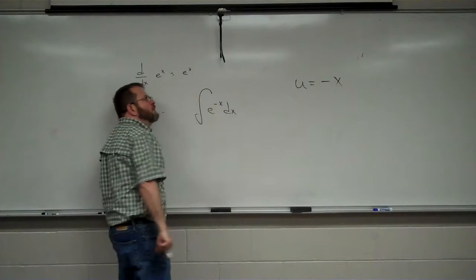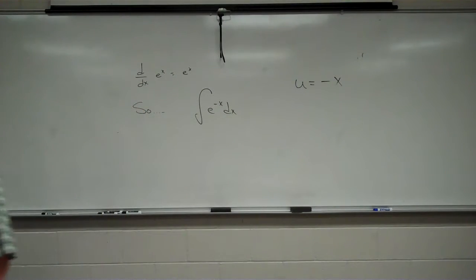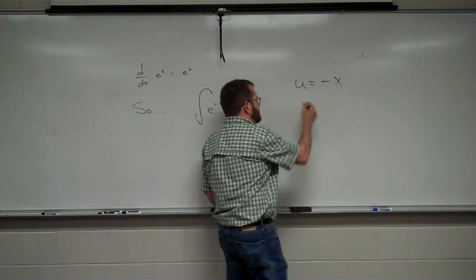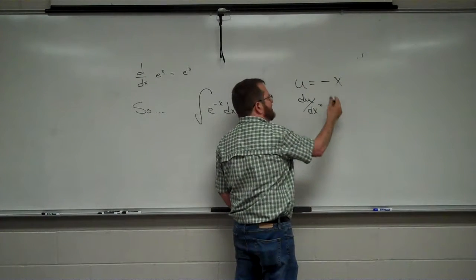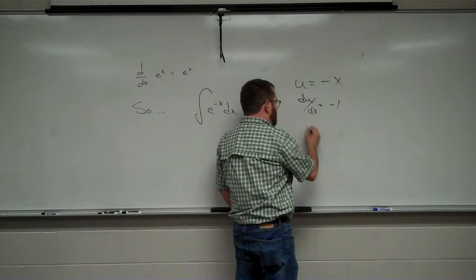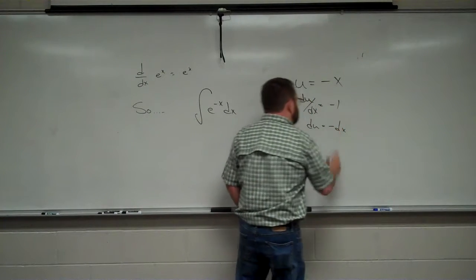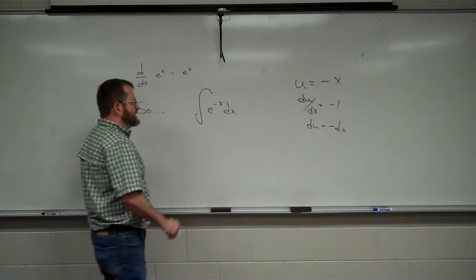Remember, we want to get this into a form where, with u in there, it's an easy integral. If u is negative x, this will just be e to the u. Then du dx, the derivative of u with respect to x, is just negative 1. Or, moving the dx to the other side, du equals negative dx.